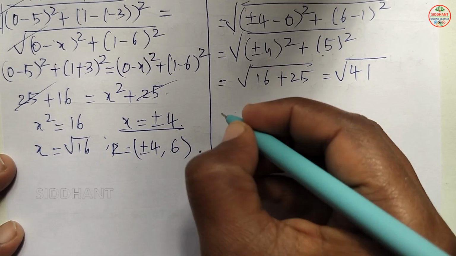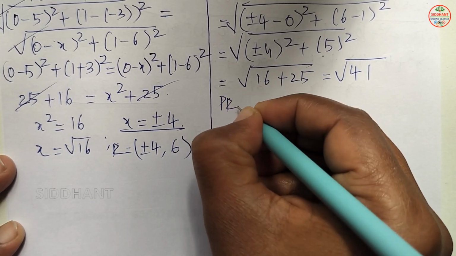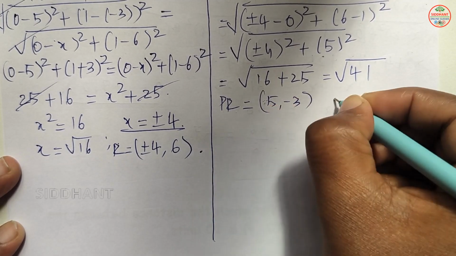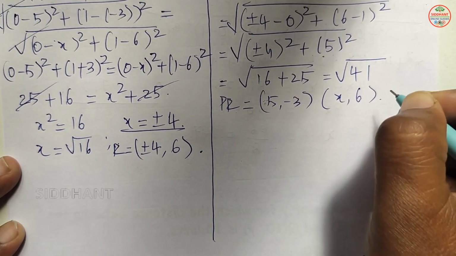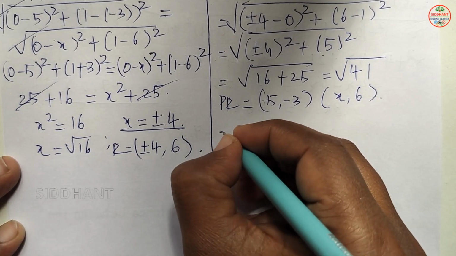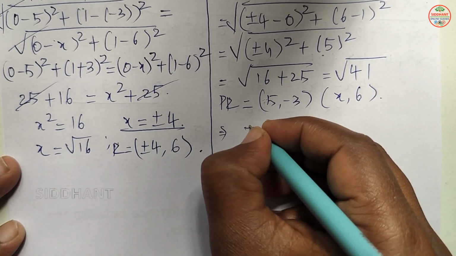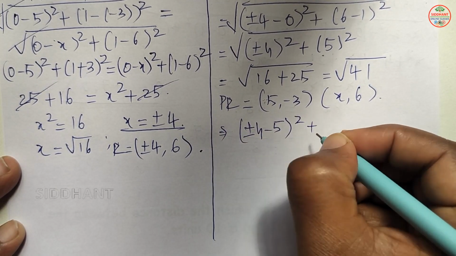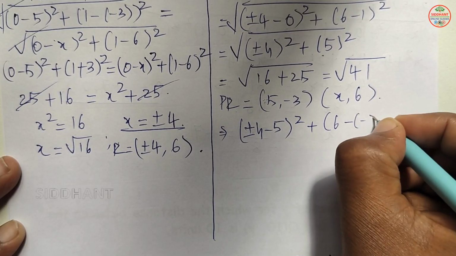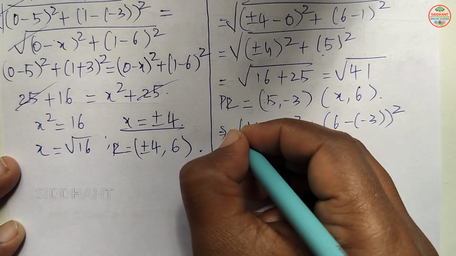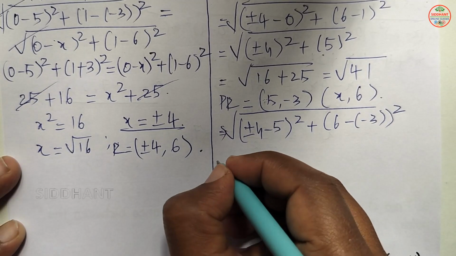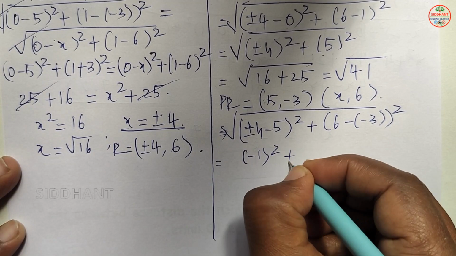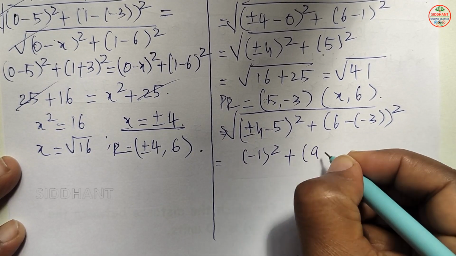Now we are going to find PR. That will be 5 comma minus 3 and x comma 6. So that equals the square root of plus or minus 4 minus 5, plus 6 minus minus 3. That equals minus 1, 6 plus 3 which will be 9 square.